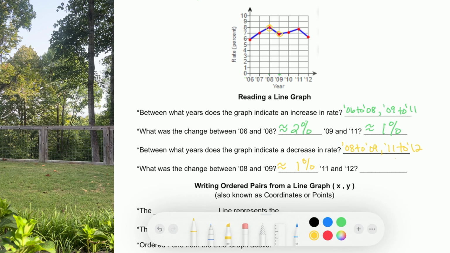To indicate that decrease, I need to have a negative in front of that 1%. That indicates a loss. Okay, from 11 to 12, we started at just below 8 and ended at just above 6. So I'm going to say roughly a loss of 2%.